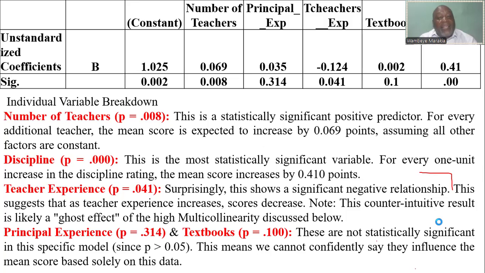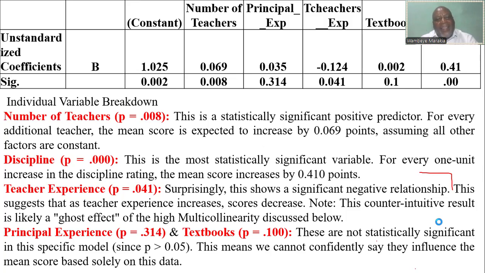In other words, we say they are not significant, because the p-value is greater than 0.05. This means that we cannot confidently say they influence the performance in the school. So when interpreting the prediction of these two, they don't predict the results in the school.